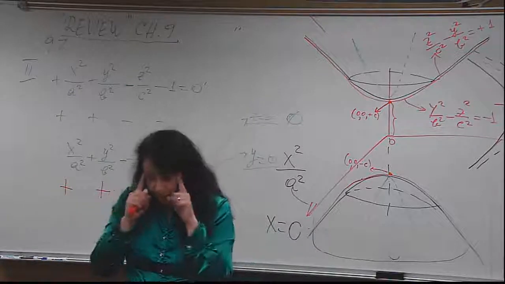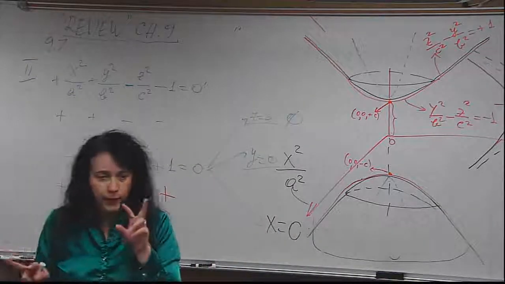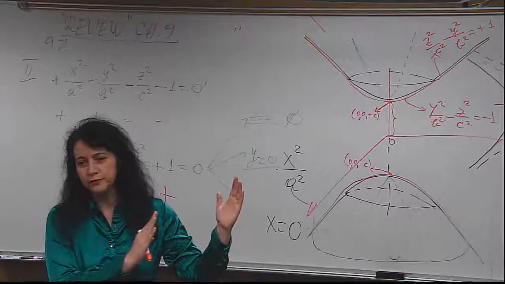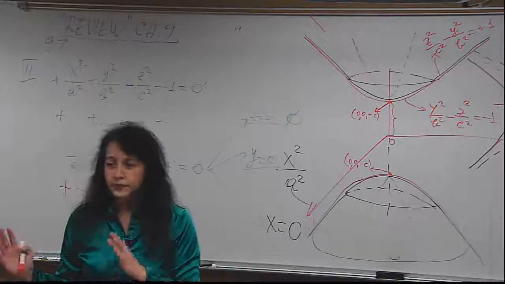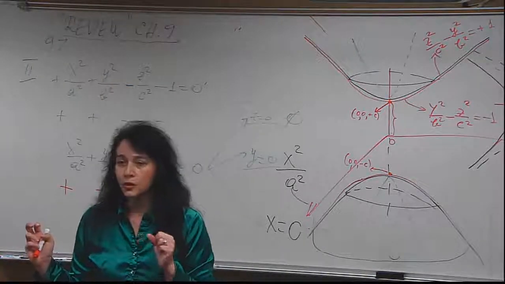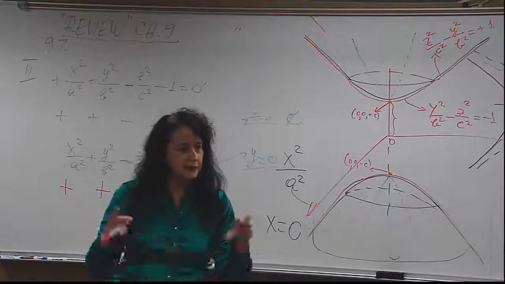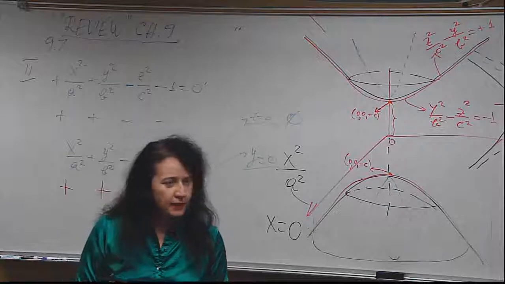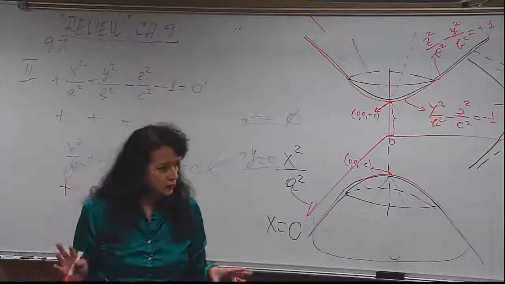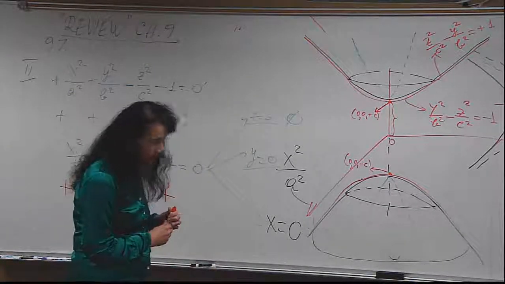The signs matter. If you have two pluses, two minuses, when you move everything to the left side, then it's a 1 sheet. If you have three pluses and a minus, or three minuses and a plus, then it's a different kind of animal. It's a 2 sheet.